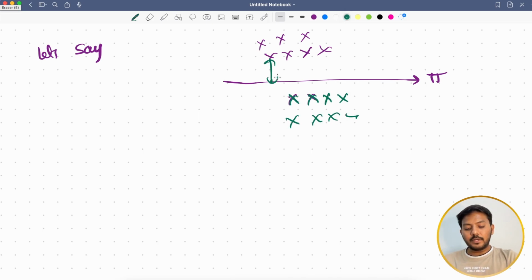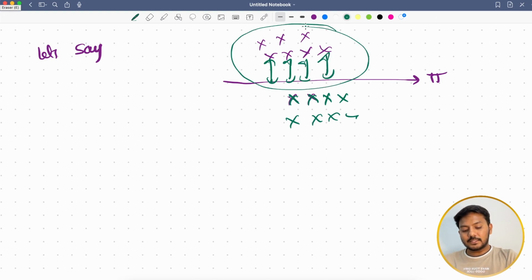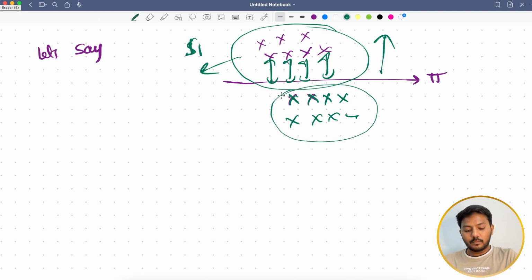and I will compute the distance of these points from my plane, and all the distances from one side of my plane, let's say these points, we call it set 1 and these are set 2.